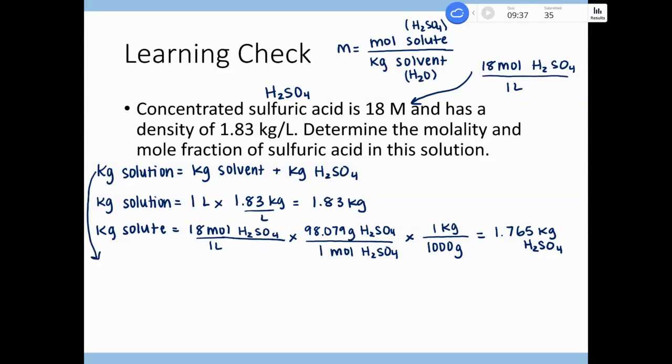So bringing this equation back down, we have kilograms of the solution, 1.83 kilograms, equals kilograms of the solvent, which we're calculating, plus kilograms of the solute, 1.765. Subtracting 1.765 from both sides, kilogram of the solvent is 0.06.